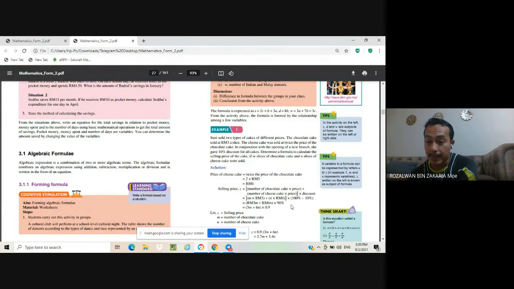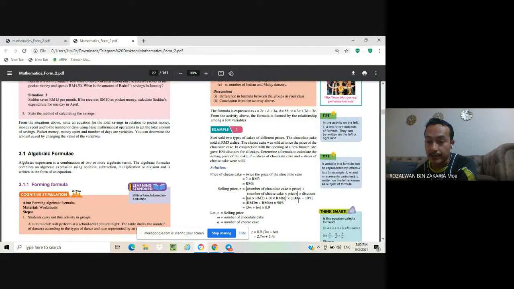All right, then multiply with the discount. Already stated here, discount is given 10%. So for discount equal to 100% minus 10%.